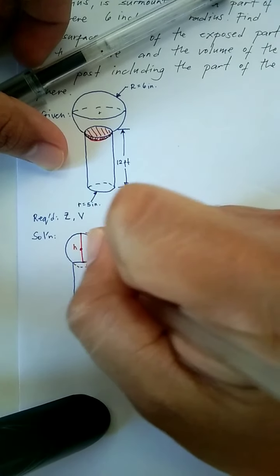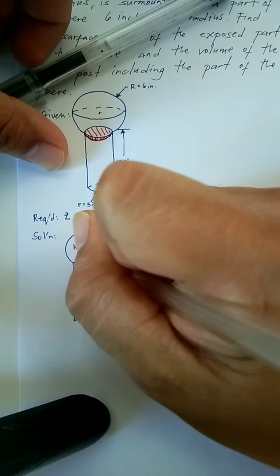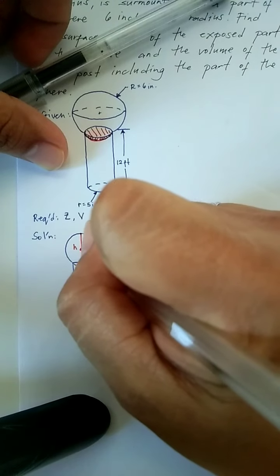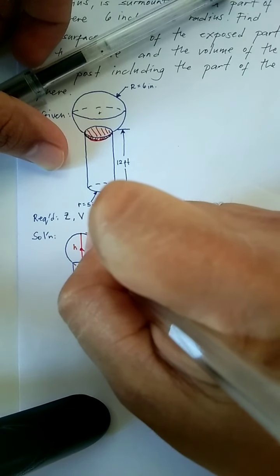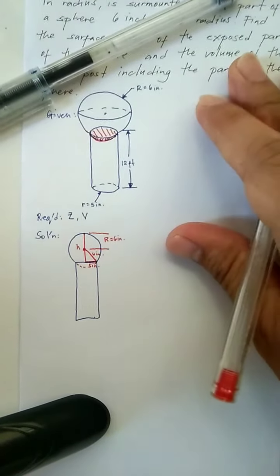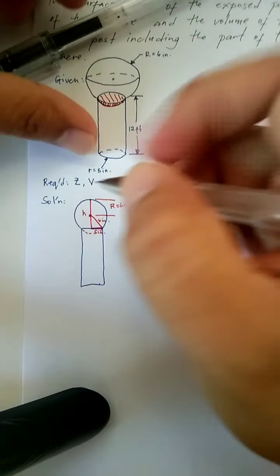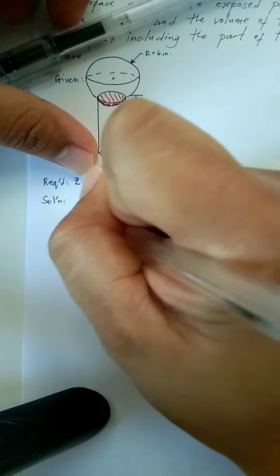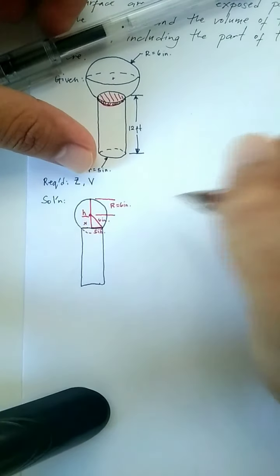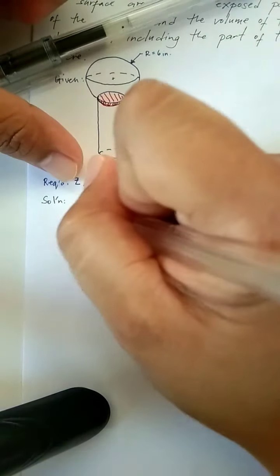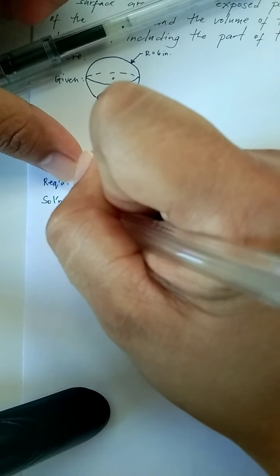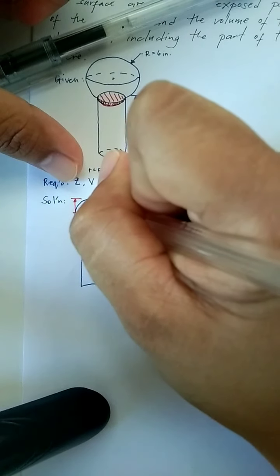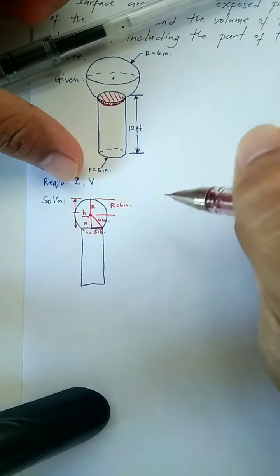And then this is the hidden part. We already know the right triangle here. This one is also 6 inches. Let's call this one x. So h here is the whole thing. This one is also r.